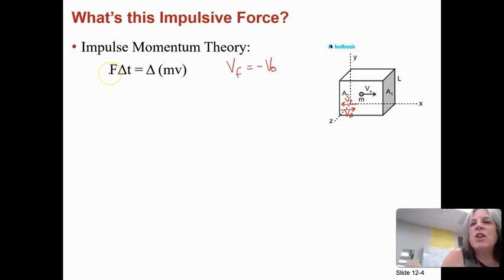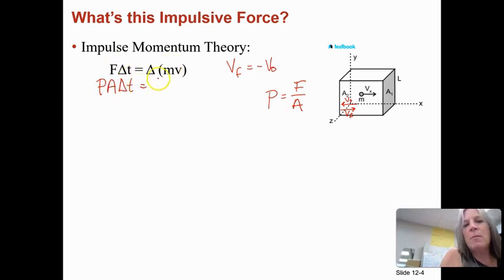And we just recently on the last slide said that pressure is equal to force over area. So if we rearrange this equation here, instead of force, we'll put in our pressure times area times delta T is equal to, now the mass isn't changing, right? It's the velocity direction that's changing, because remember it's elastic, so there's no actual change in magnitude. So as I have it pictured, that would be V final, right?